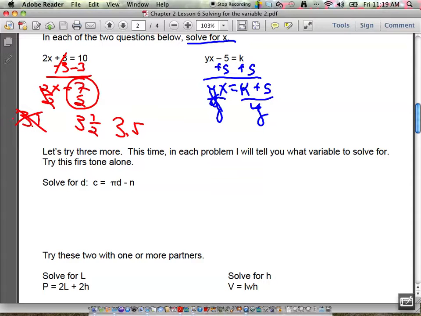Are we looking good? Okay, so let's try a couple more here. This time in each problem, I'll tell you what variable to solve for. Try the first one.